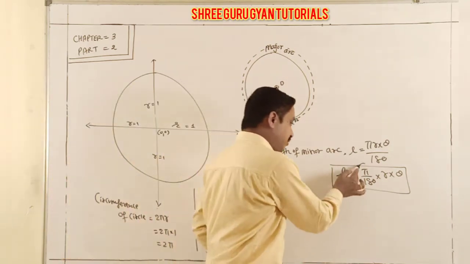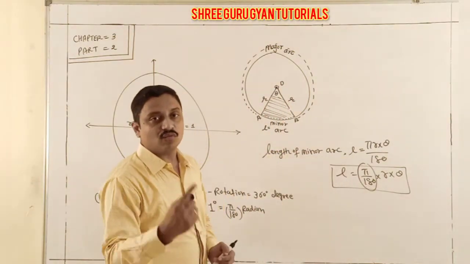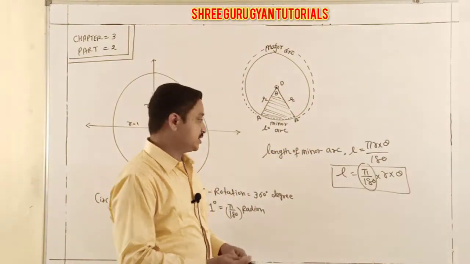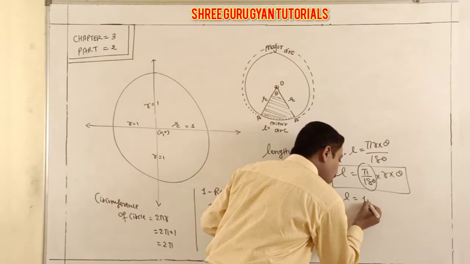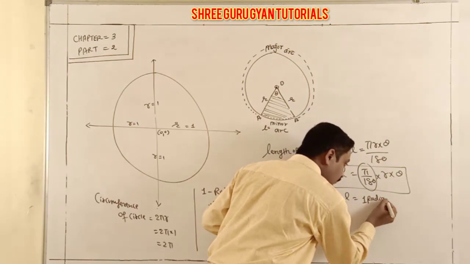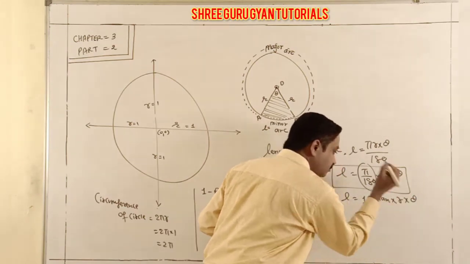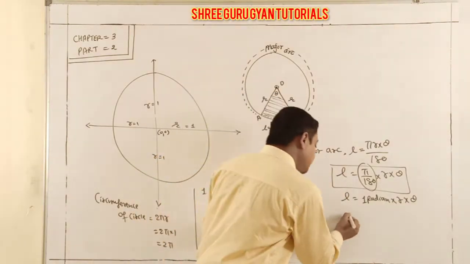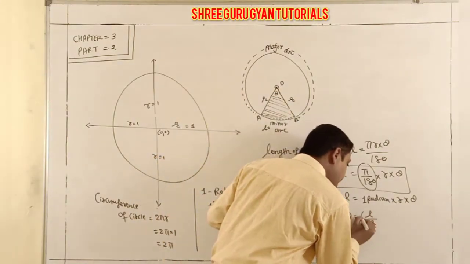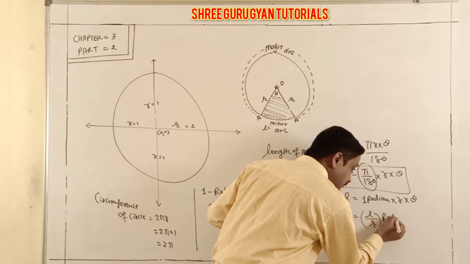So here this pi by 180, I consider as 1 radian. So L is equal to 1 radian and r into theta, the same. Finally, your theta is equal to L by r radian.